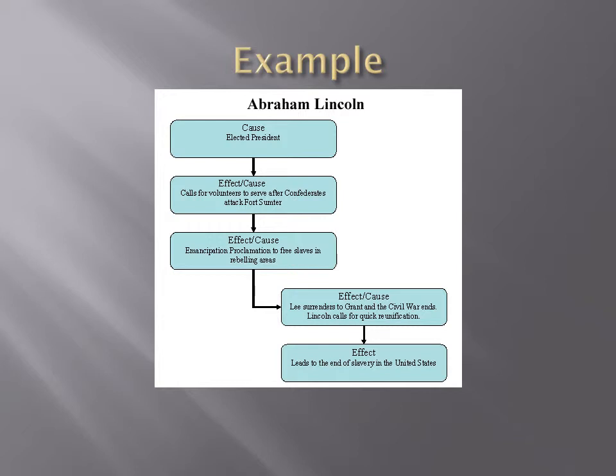When we look at the big picture, most of us think of Lincoln as the president during the Civil War, and we know that the big picture effect of the Civil War was that slavery was done away with. So in this instance, we've looked at Abraham Lincoln and his big picture contribution to the United States, and that was that there's no more slavery in the United States.